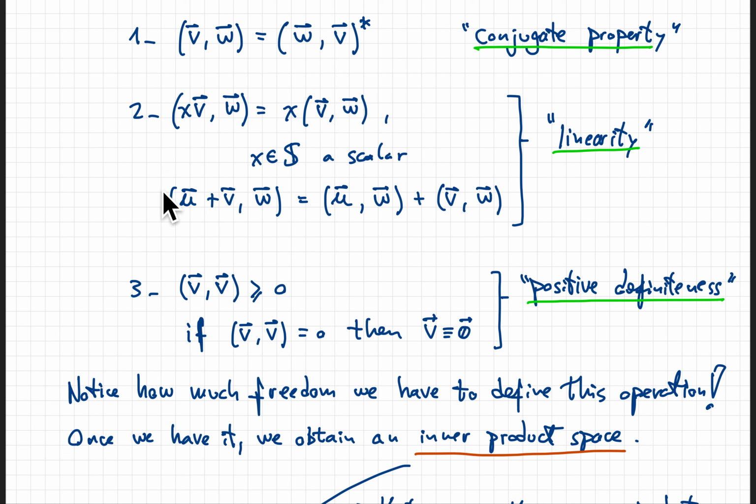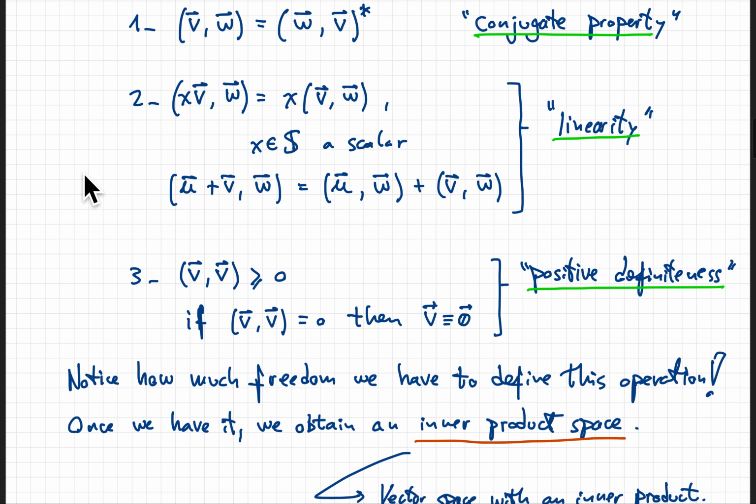And the second part is that if you have a sum of two vectors in your first entry, then you can separate the inner product as a sum of two inner products. So here you have u plus v with w, then it's u with w plus v with w, and so you can calculate this operation in two steps if you want. So these two properties together are what we call linearity. It makes sense that they're called linearity together, and it's one of the most fundamental properties of the inner product.